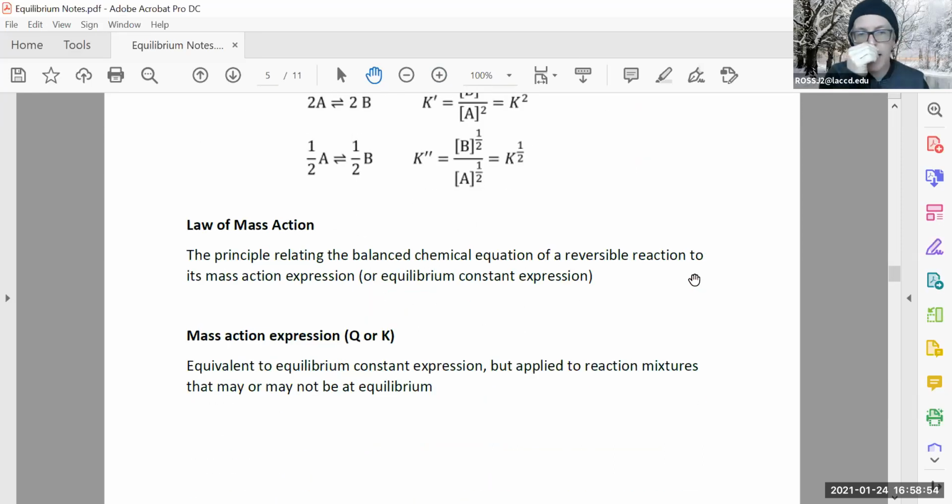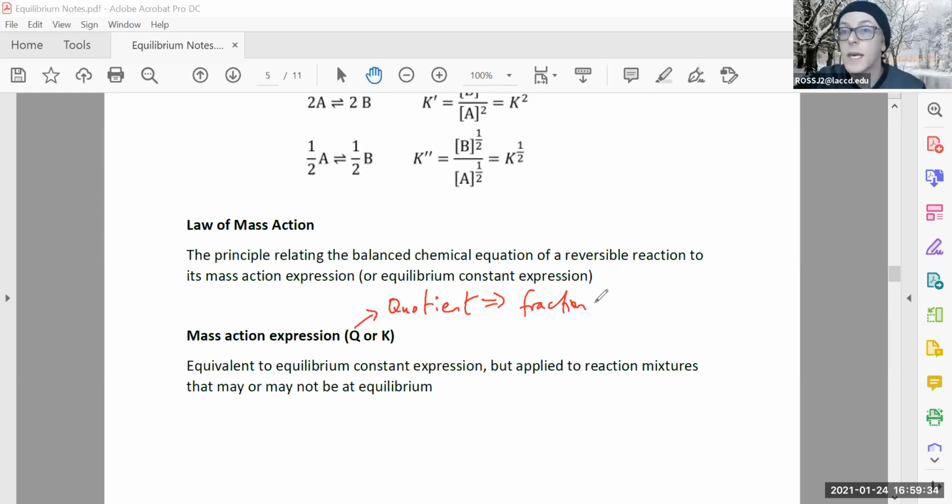Okay, law of mass action and mass action expressions. The principle relating chemical equations of a reversible reaction to its mass expression is the law of mass action. We can have in general mass action expressions that we label Q or K. Q essentially stands for quotient, which means fraction.